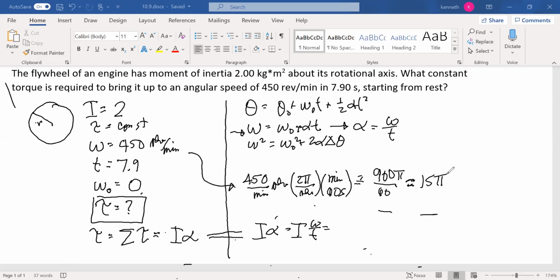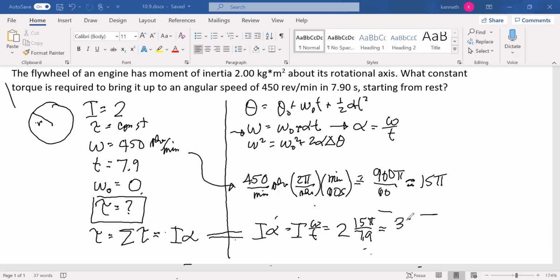Installing that then down here for our torque, with a moment of inertia 2 times 15 pi over 7.9.